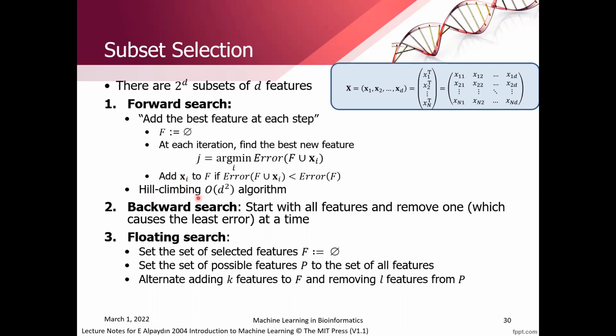This method is hill climbing, because we look for adding the dimension which reduces the error in the maximal way. So we select one attribute. Of course, this method need not be optimal. We have no guarantee that we select the subset which reduces the error the most.